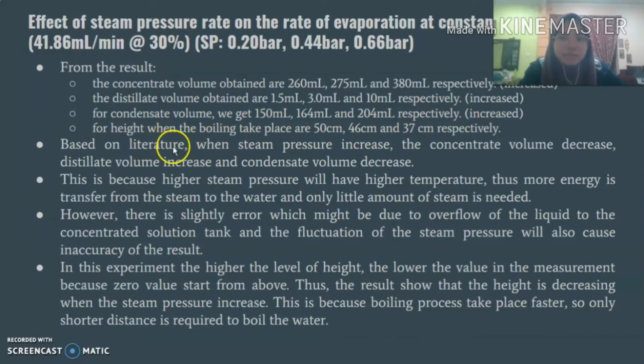Based on the literature, when the steam pressure increases, the concentrate volume decreases, distillate volume increases, and condensate volume decreases. This is because when the steam pressure is higher, it has higher temperature, and therefore more energy is transferred from the steam to the water, and only a small amount of steam is needed.